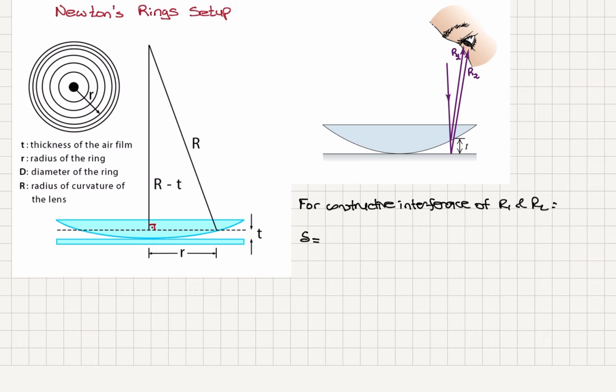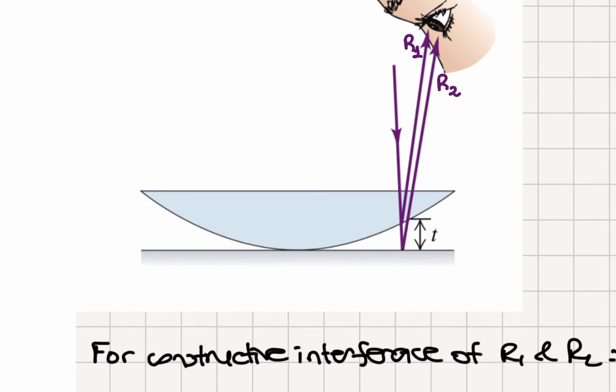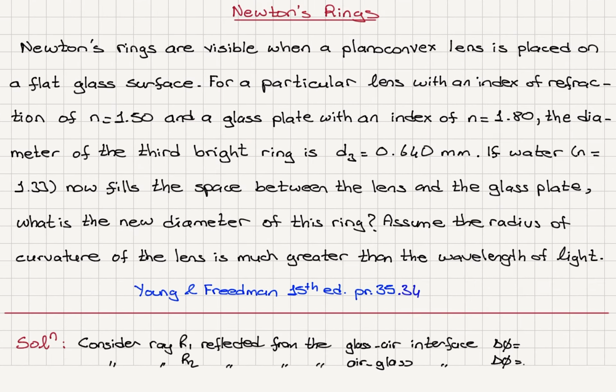Okay, so first consider ray R1 that is reflected from the glass-air interface. And if we go from glass to air, because the index of refraction of the glass for the particular lens is 1.5 and air is 1, we go from high index of refraction to low index of refraction medium.